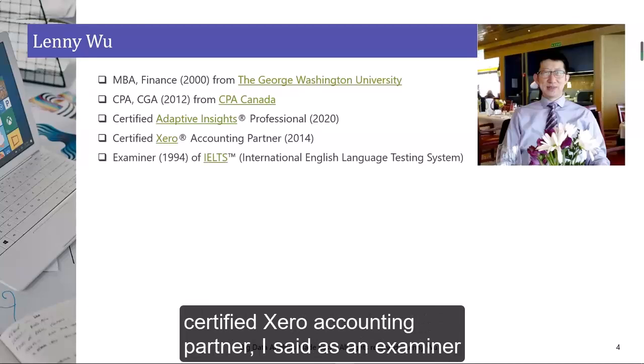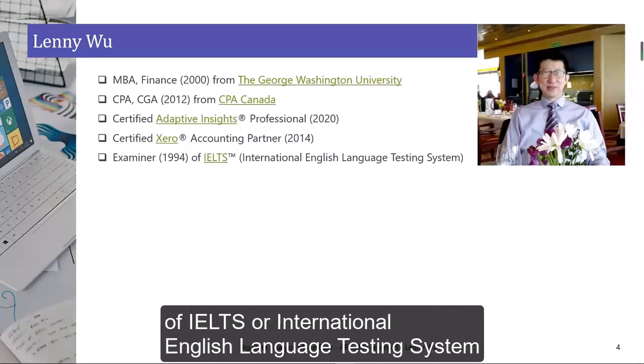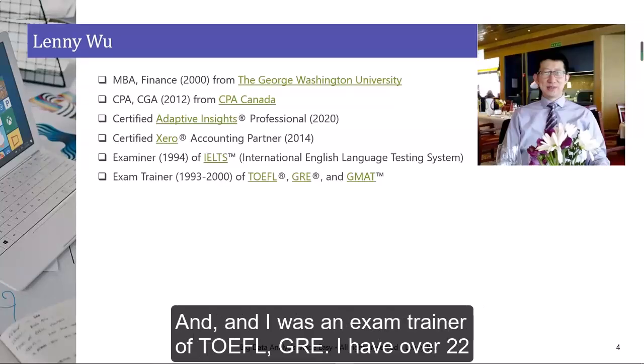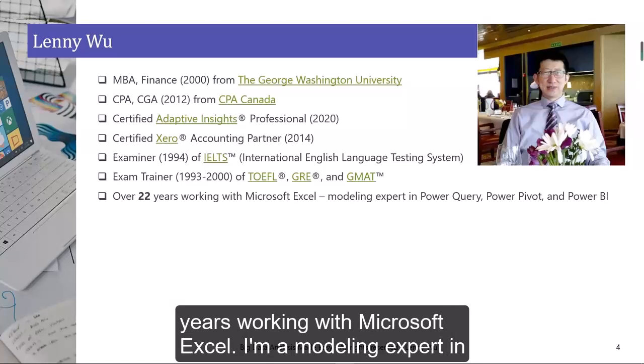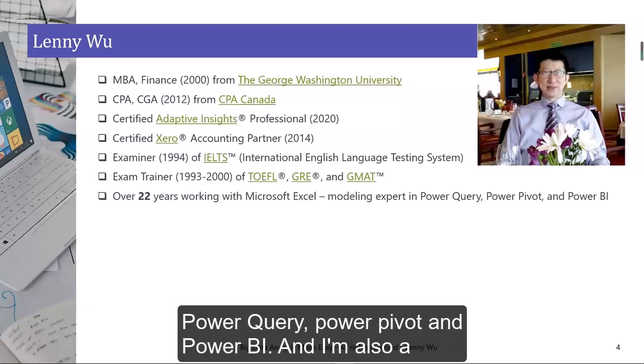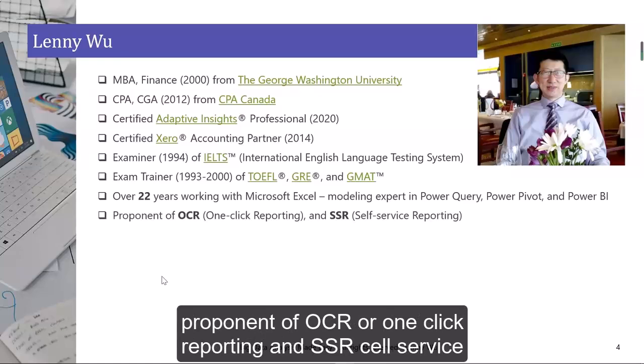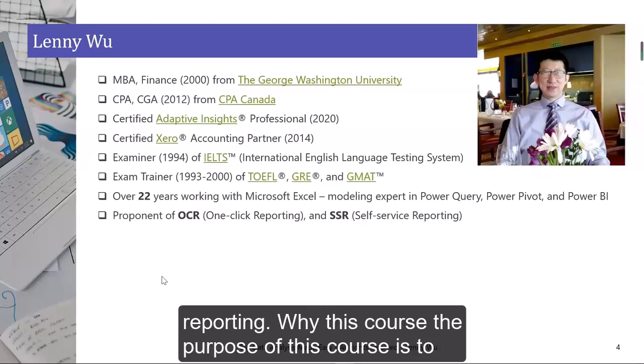I sat as an examiner of IELTS, or International English Language Testing System, and I was an exam trainer of TOEFL, GRE. I have over 22 years working with Microsoft Excel. I'm a modeling expert in Power Query, Power Pivot, and Power BI. And I'm also a proponent of OCR, or one-click reporting, and SSR, self-service reporting.